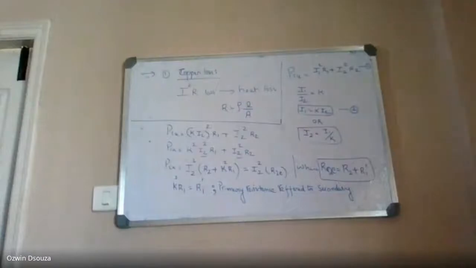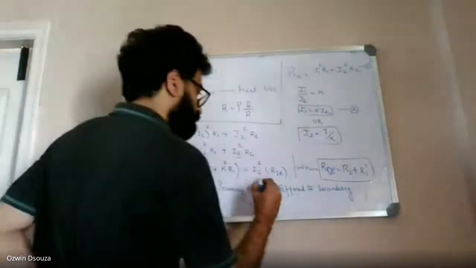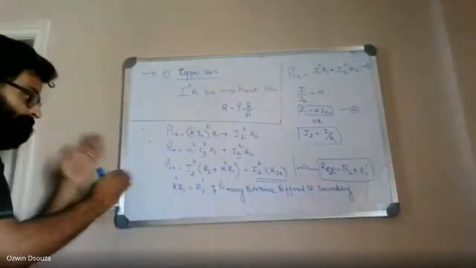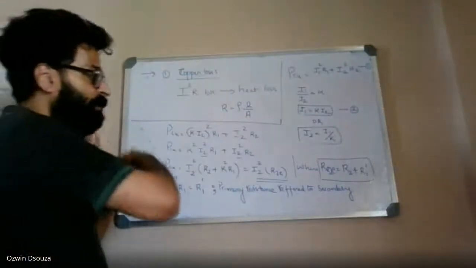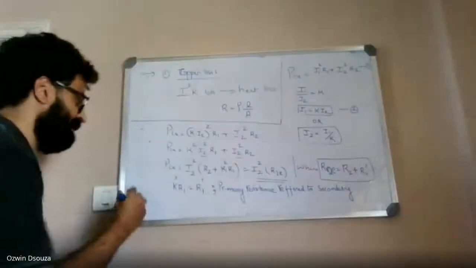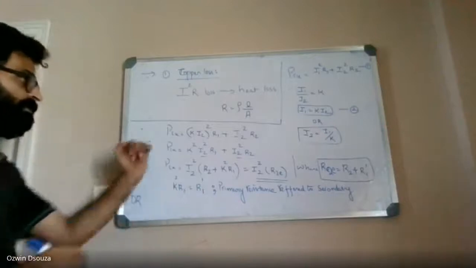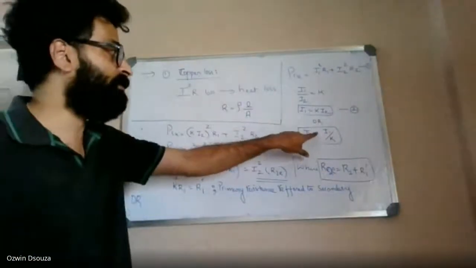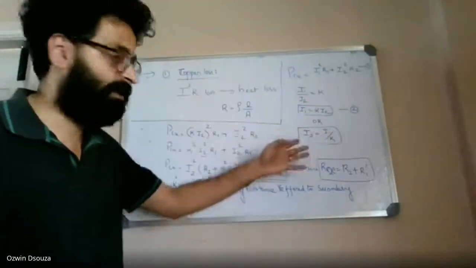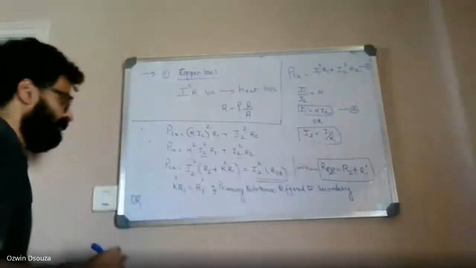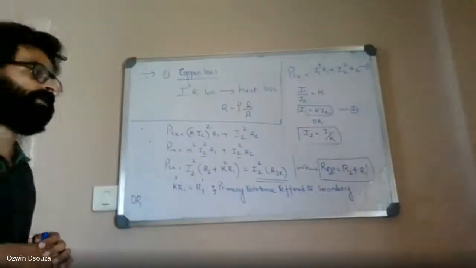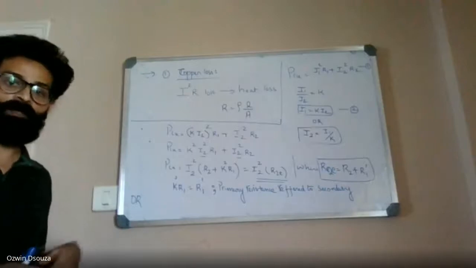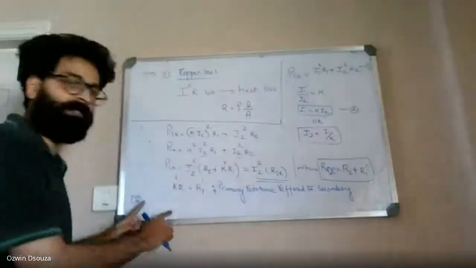So you can refer the copper loss either totally onto the secondary side, or if you substitute I2 is equal to I1 divided by K, I will leave it to you. You can try out, and you can ping me in the WhatsApp group whether you have obtained this particular relation or not.